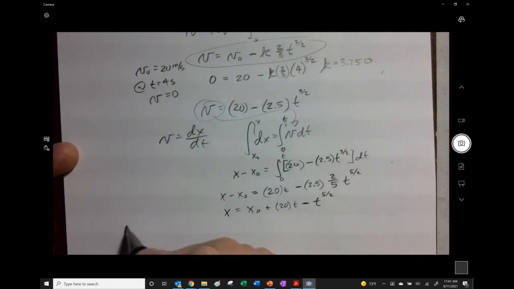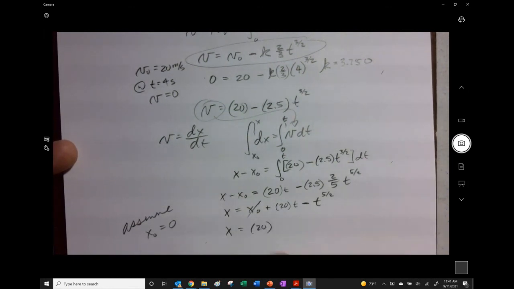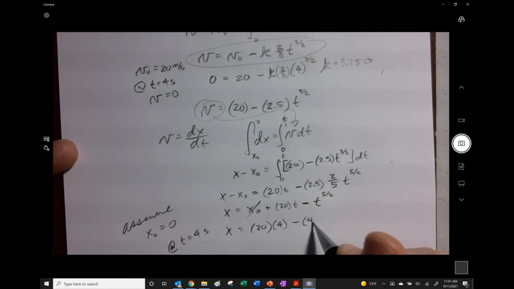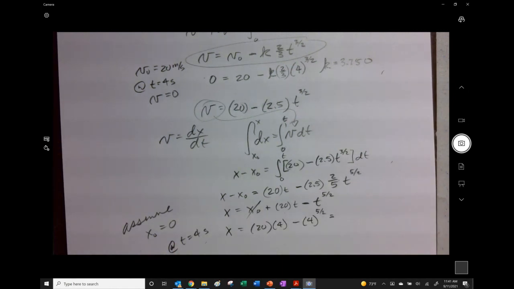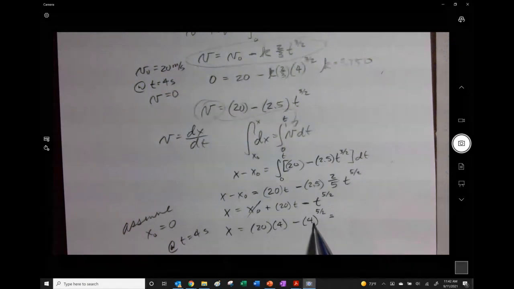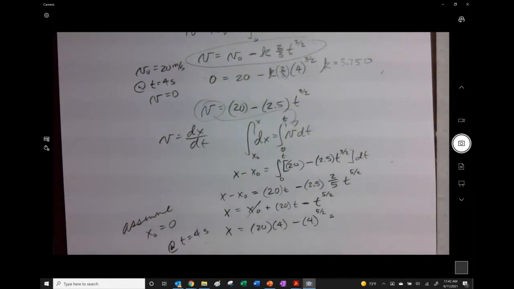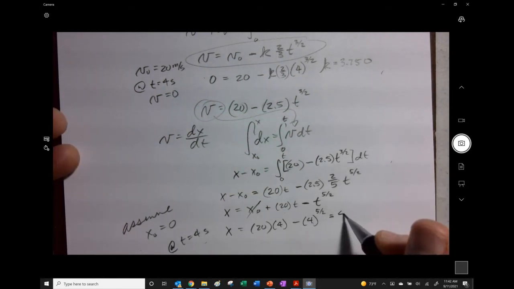Well, if we assume that that right there is 0, then at t equals 4 seconds, the distance traveled would be 20 times 4 minus 4 to the 5/2, which is 32. That's 80 minus 32, and so we end up getting 48.